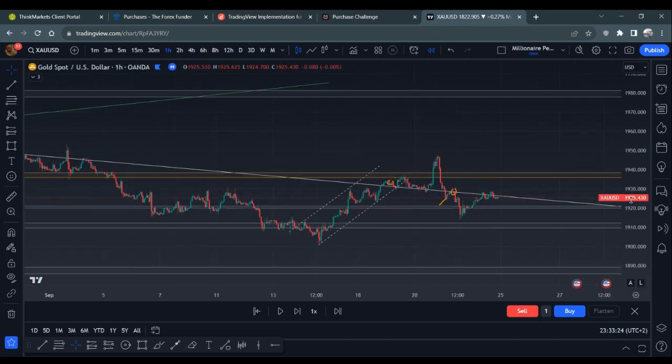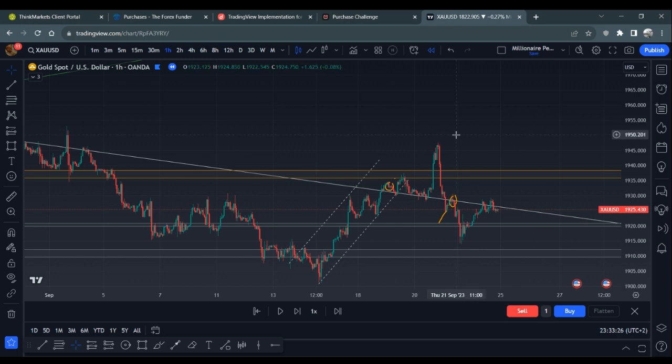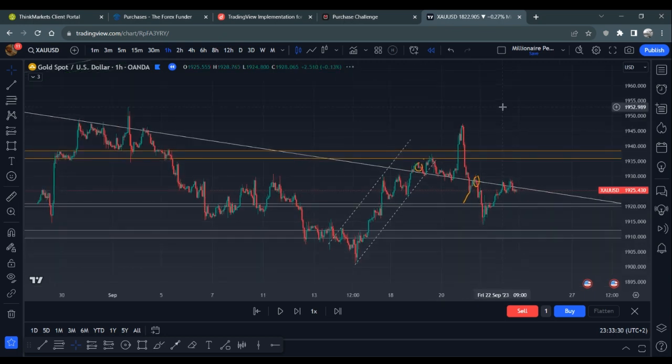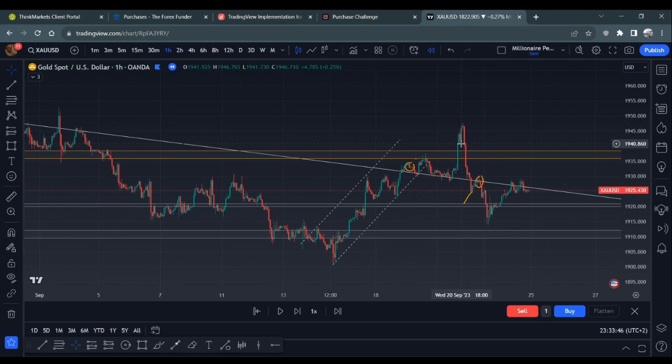On the 1 hour time frame, I've already marked it down because I was analyzing this for a long while now. And we can see here it forms a shoulder, a head, and another shoulder. So left shoulder, right shoulder, head. And in the head, guys, you have to look at this stuff.